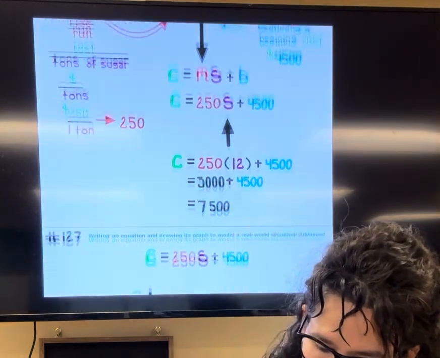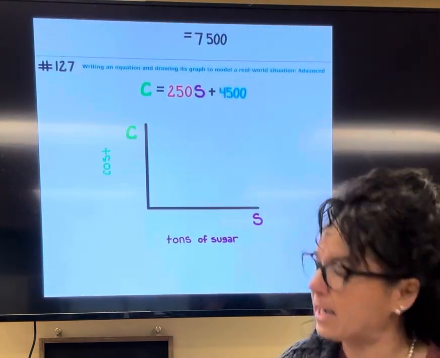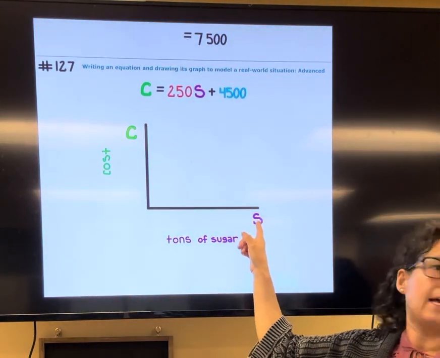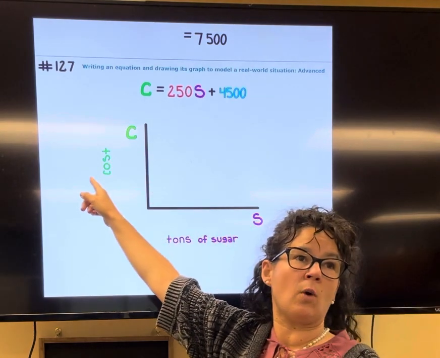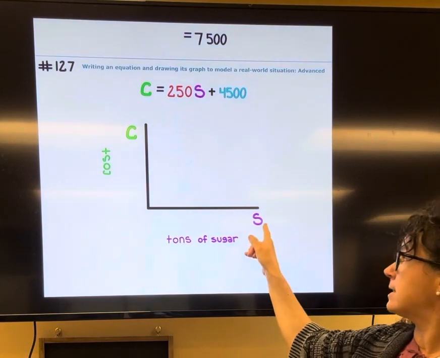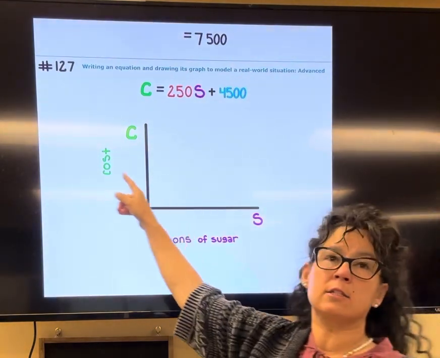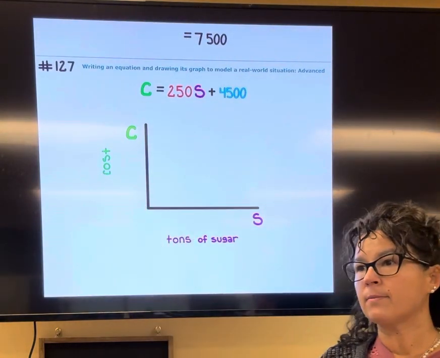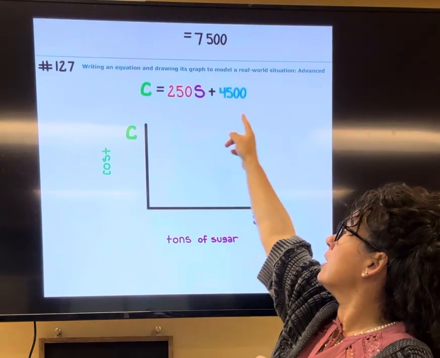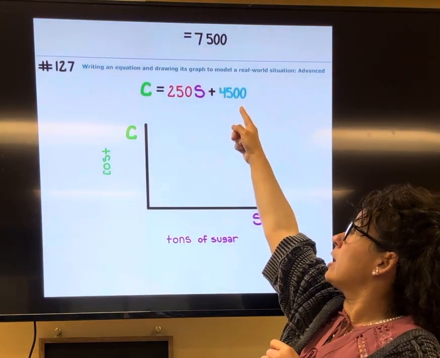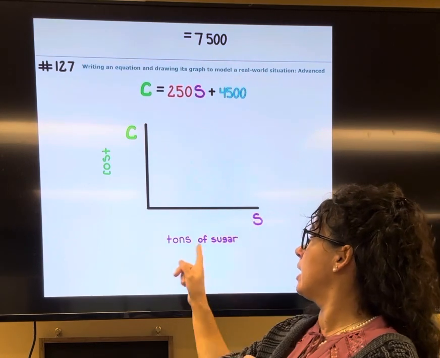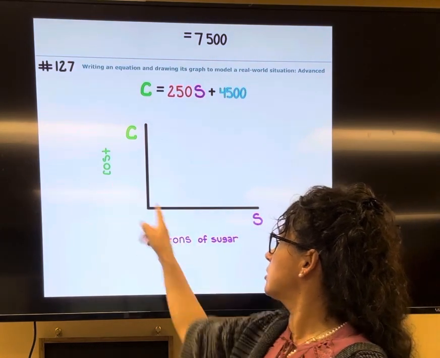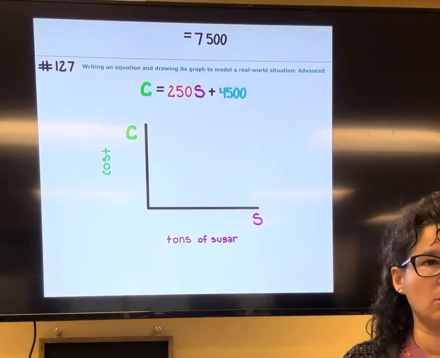But when you have a picture of a graph already set up, it says that S is on the x-axis and that C was on the y-axis. And so that tells me that our points are tons, comma, money. And then you can go after the starting amount, the starting cost, and then the rise over run, cost per ton. I think it goes a little faster.